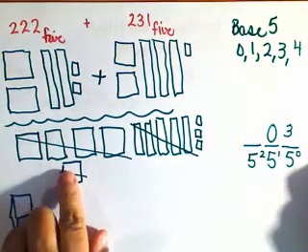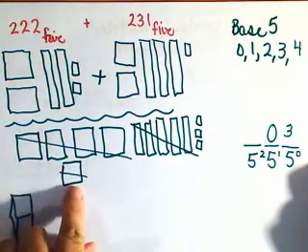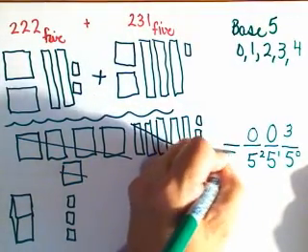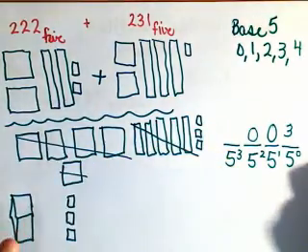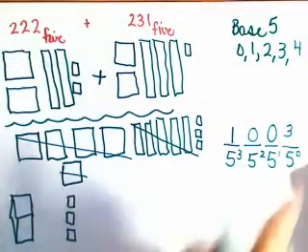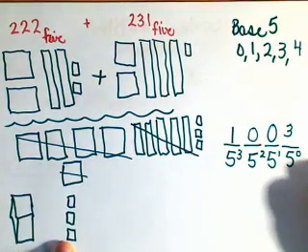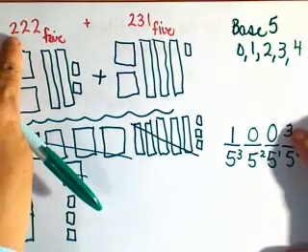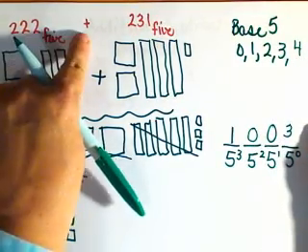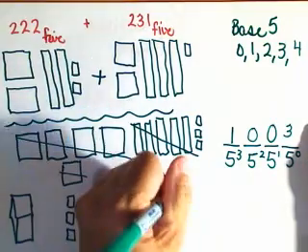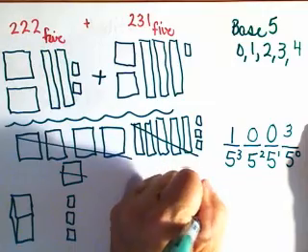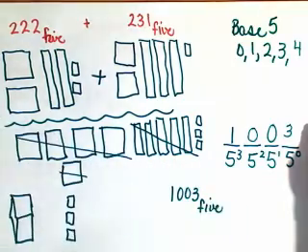In the third place is flats, and I don't have any more of those because I traded it for the cube. So then I have 1 cube, and that's 5 by 5 by 5, and 3 units. So 222 base 5 plus 231 base 5 is 1003 base 5.